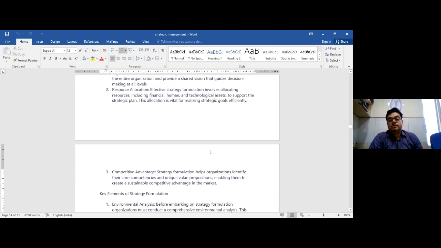Looking at the competitive advantage that strategy formulation would help, we have also discussed the core competencies and how organizations find out the areas of core competency so that the best chances of success are built upon the core functional area.